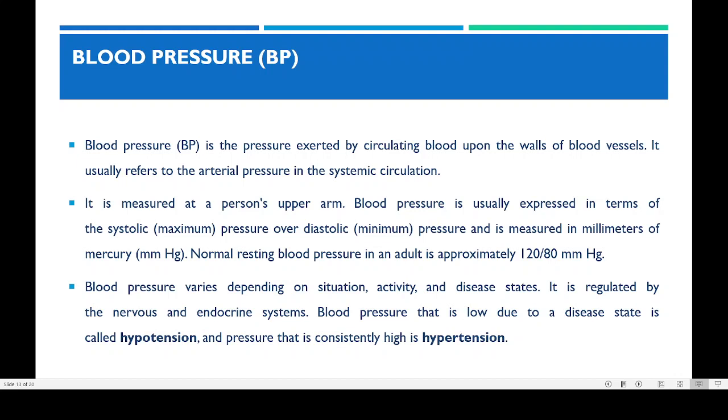And normally it is expressed in mm of mercury. Nowadays we all use a digital system, but earlier we used a traditional system like this. I will show you. This is the traditional system. It uses mercury, just like in a thermometer. You can see the mercury flowing here.